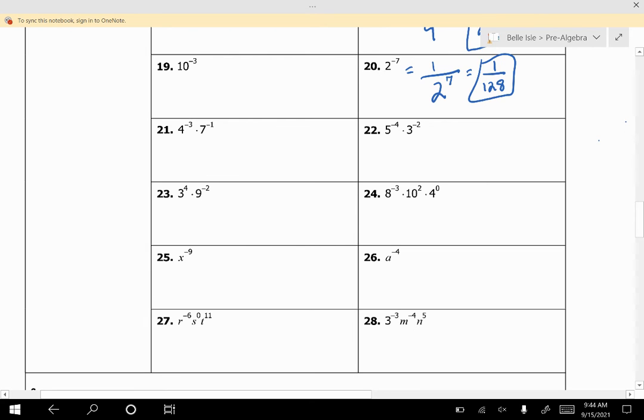So first, we're going to rewrite it, okay, by taking the reciprocal. So 4 to the negative 3 will be 1 over 4 to the third times 1 over 7 to the first power. Okay. What is 1 over 4 to the third? 1 over 64.